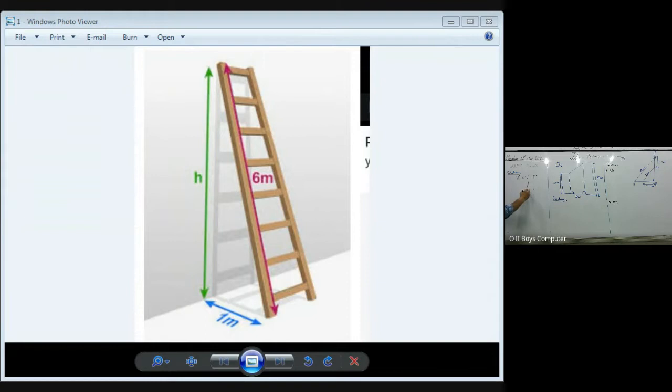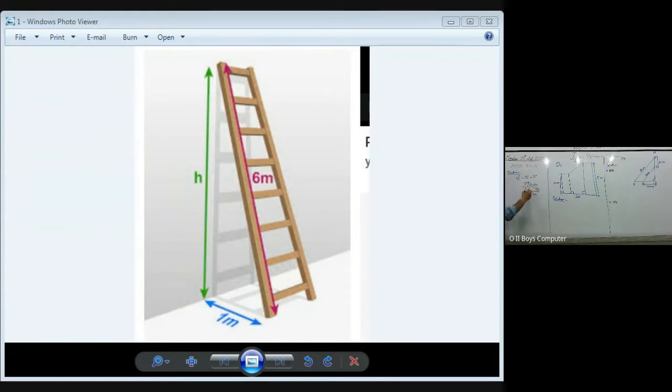I can draw the diagram. This is the ladder. This is 1 meter. This is 6, and you have to find out the height of the wall, right?